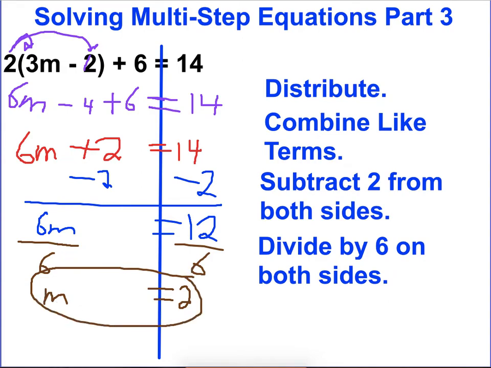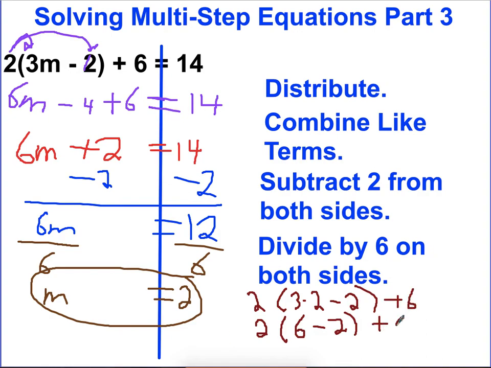Let's go ahead and check that. So look on the left side where we have m, we're going to substitute 2. So I have 2 parentheses 3 times 2 instead of m, and then I have a minus 2. Inside the parentheses we do first. 3 times 2 is 6. I still have a minus 2. And I have this plus 6 on the end.